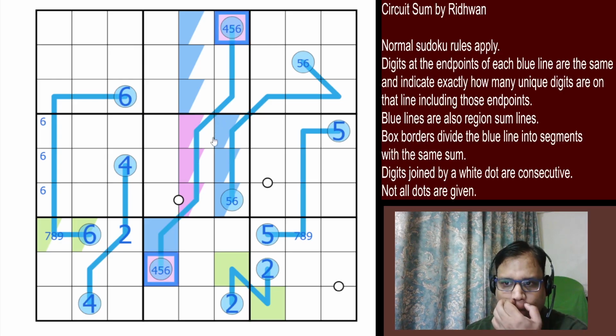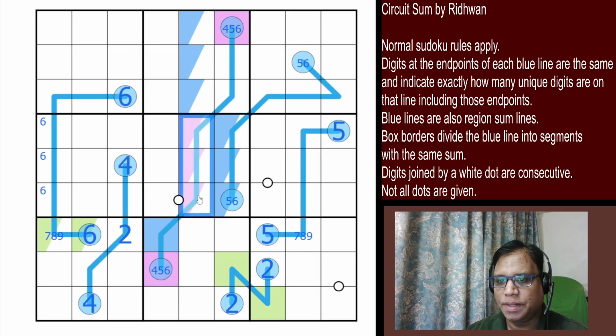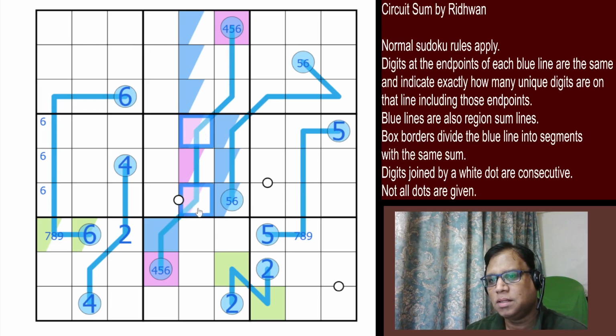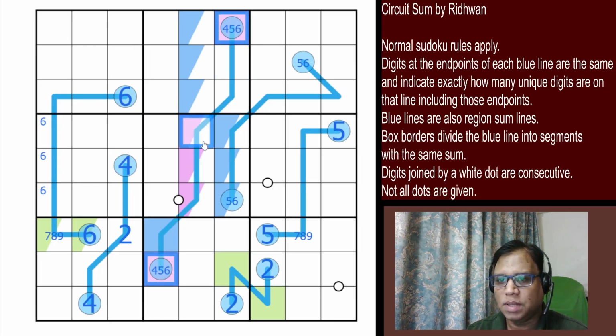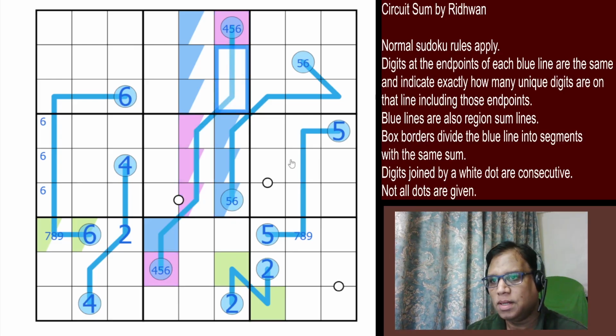5 means these 2 are same, which is repeating here. This digit is different, but that means the 2 digits here are either different or same, right? It's not possible that other than this digit occurring here, the other digit, I mean the digit which is not pink on this line and here. Okay, let me explain with the color. So let's say this yellow is here.